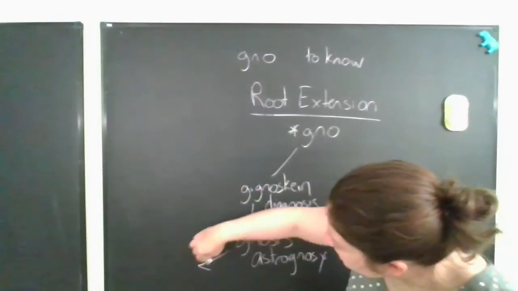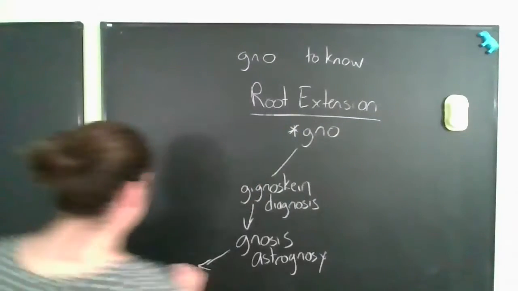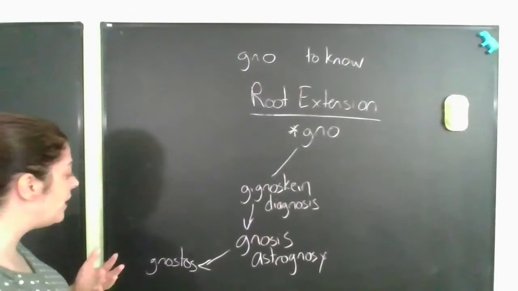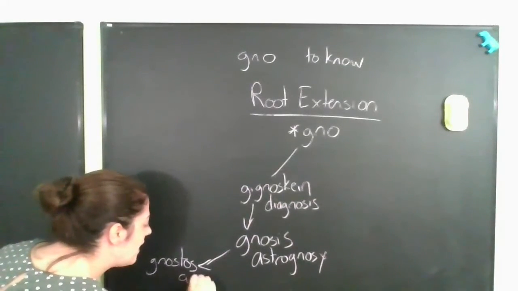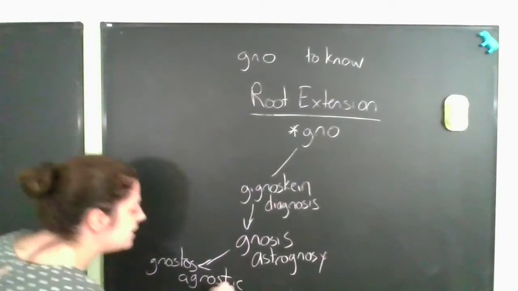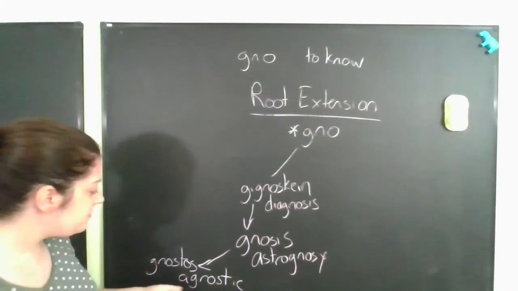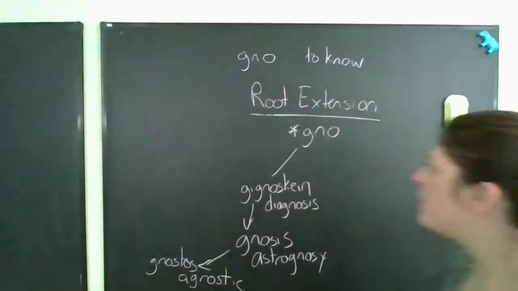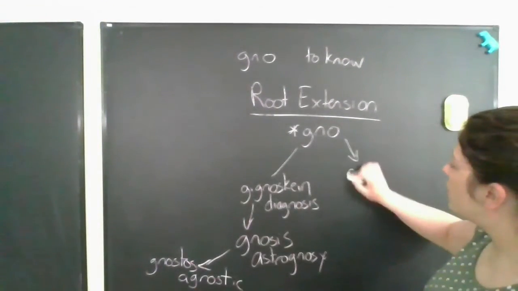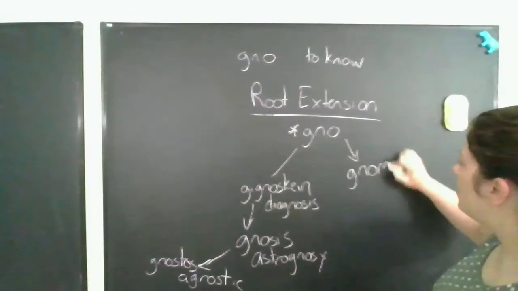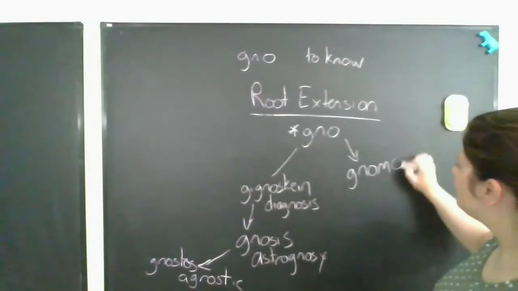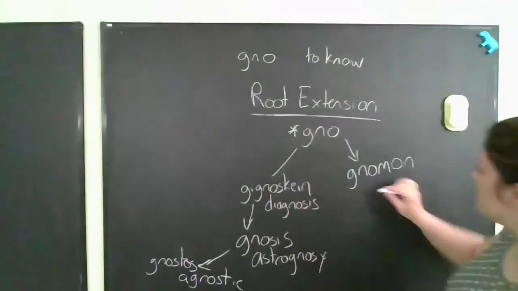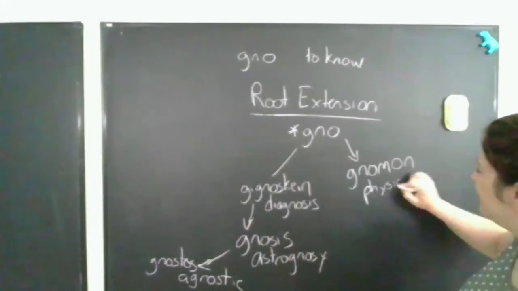From gnosis, they made it into an adjective, and they did that by adding a T to gnostos, right? And that means knowing. And so from this, for instance, we get our word agnostic. And now it's picked up this T in the root. Okay? It means not knowing, pertaining to not knowing. Now the same Proto-Indo-European root also created the Greek word gnomon, which means a judge, and from which we get words like physiognomy.